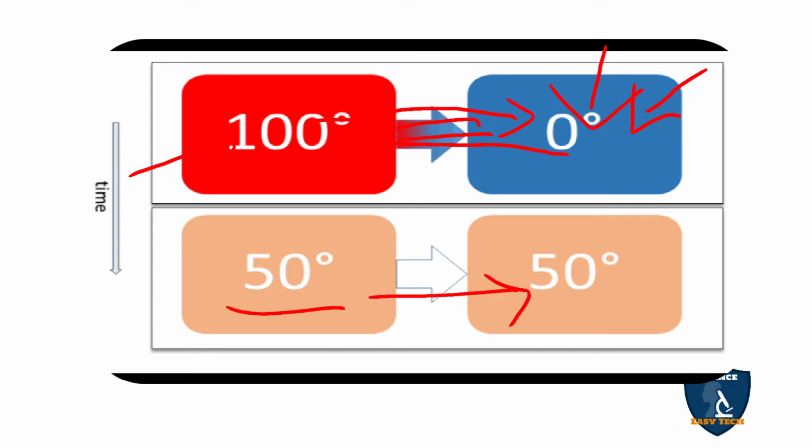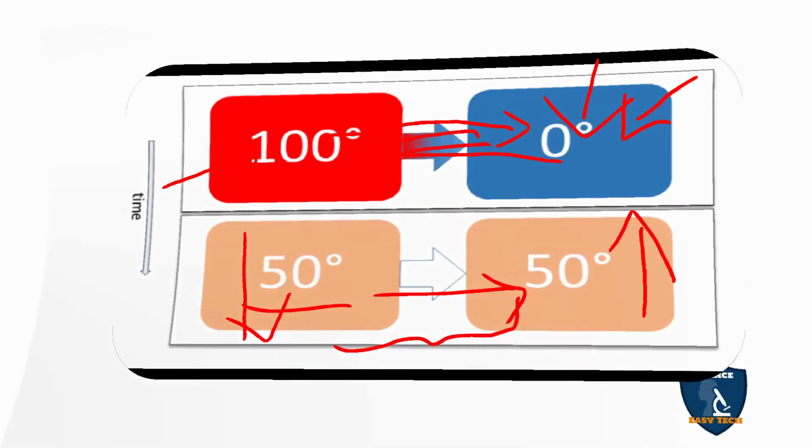So the cold body temperature rises from 0 to 50 and the hot body temperature decreases from 100 to 50. Now the two objects show equal temperature. Such a state is called thermal equilibrium.